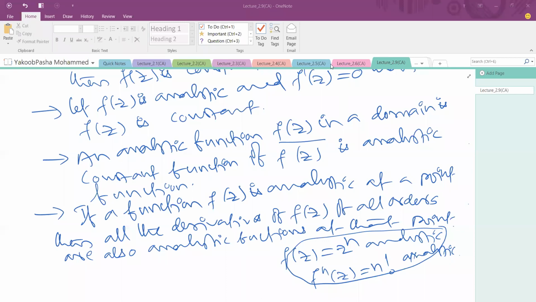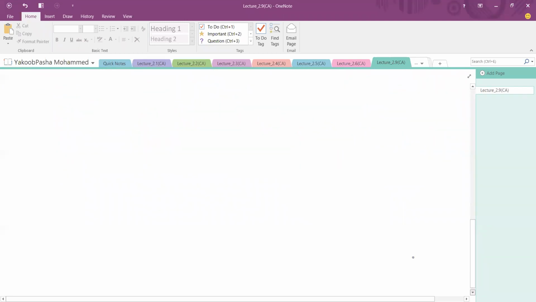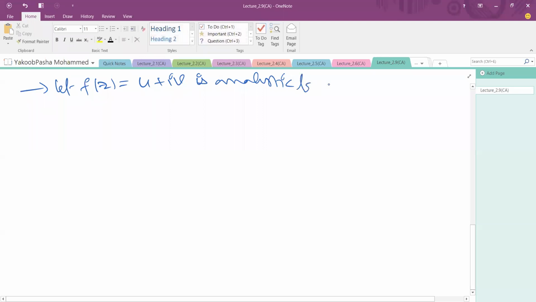Now, one important result here. Take f of z equal to u plus iv, an analytic function of a complex variable z.